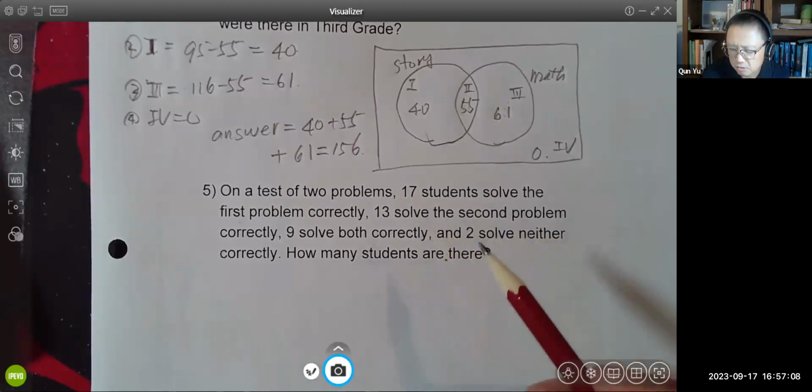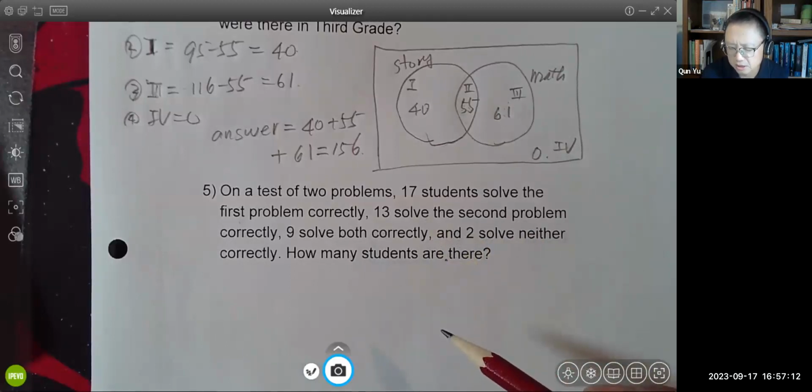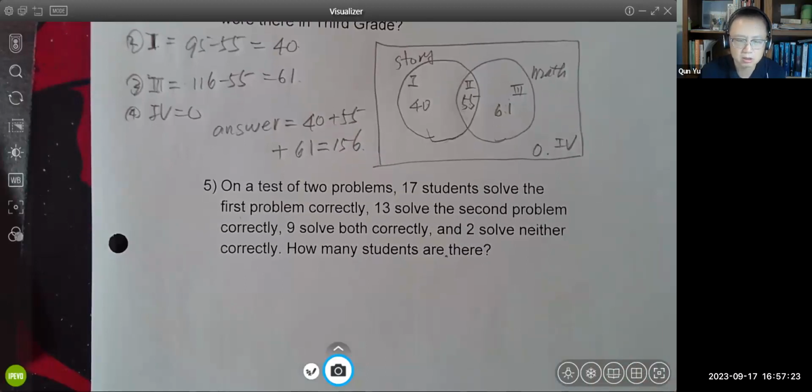Now, first of all, how do we know how many circles are involved? Even though in this QR course you are only required to be able to create a two-sided Venn diagram, outside this course, if you have a similar problem, nobody can guarantee you only need a two-sided Venn diagram.